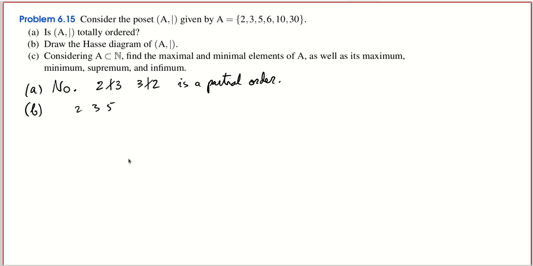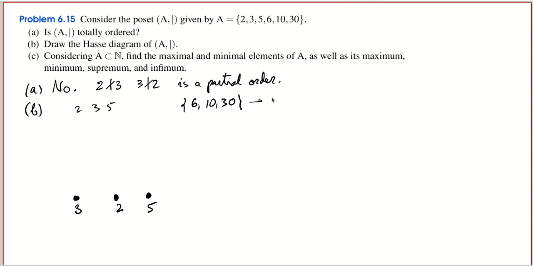So let's draw them. For instance, here is 3 in this order, 2, and 5. Again, the reason to do this in this order is because it's going to be convenient to avoid crossing lines, etc. All right. Once we have determined this, the remaining elements are these ones, okay?